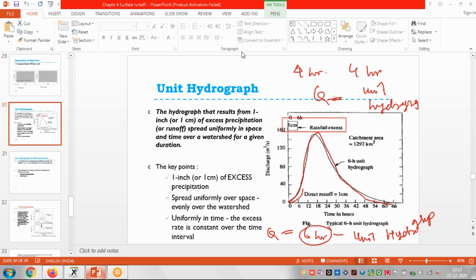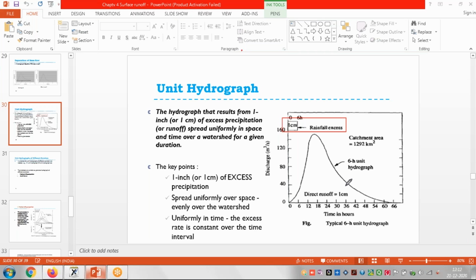My point is clear to all of you? Means at every 6 hours this Q value is noted down. For a 4 hour interval, this may be 4, 8, then 12, 16, then 20, 24, then 30, 34, likewise. So if this reading is noted down after every 4 hours, then I will say this is a 4 hour unit hydrograph. Is this okay?